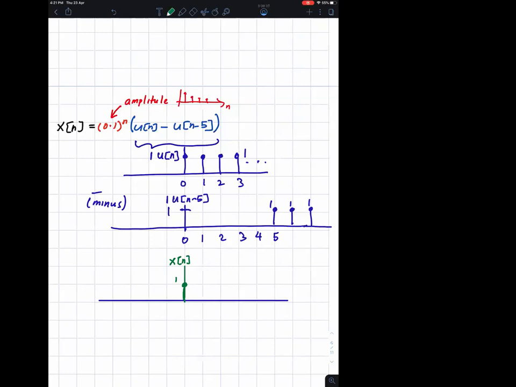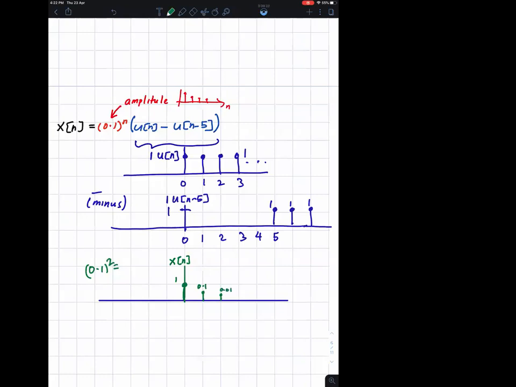Next, at n equals 1, again 1 minus 0 gives you 1. Then don't forget 0.1 to the power of 1 is 0.1, so you put 0.1. When n is 2, again you get 1 minus 0, which is 1, and 0.1 to the power of 2 is 0.01.